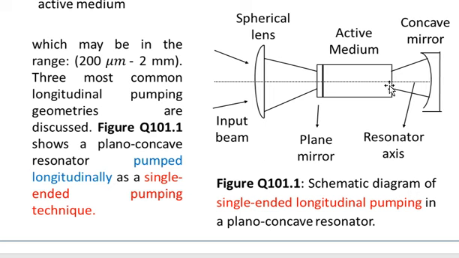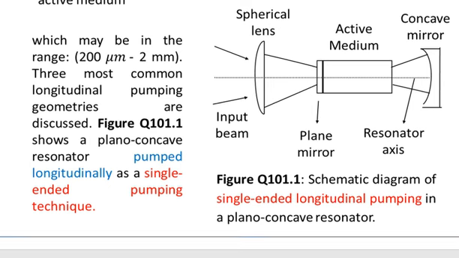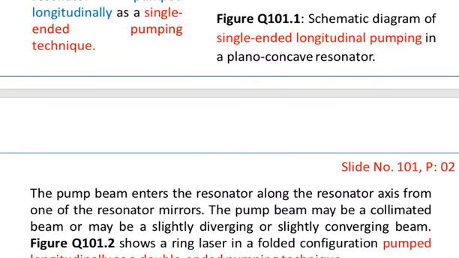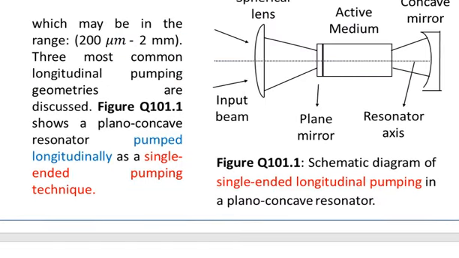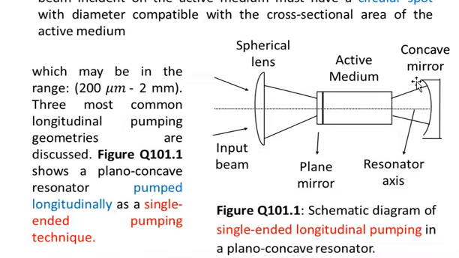So this is a longitudinal way of pumping the active medium, because the light being focused on the active medium is along the direction of the resonator. And this is a single-ended pumping technique because the pumping is done only from one side of the resonator, in this case from the left side.